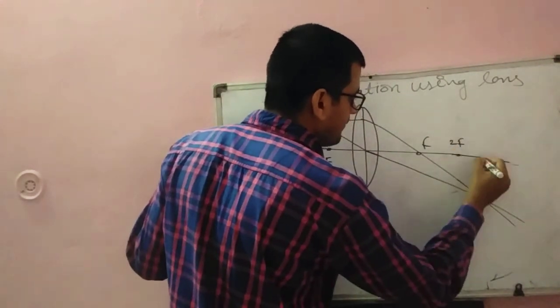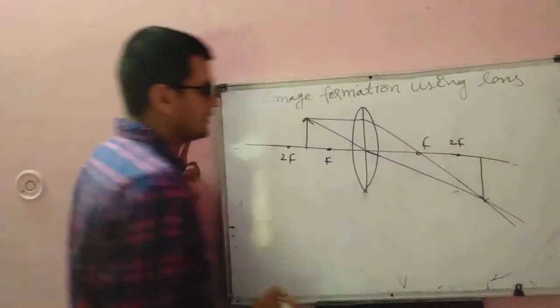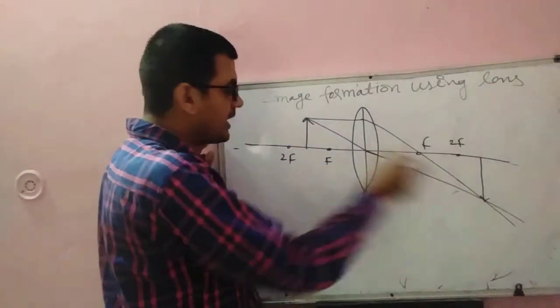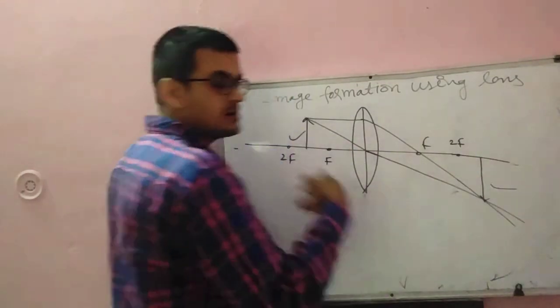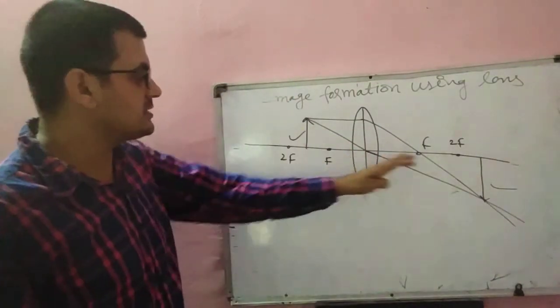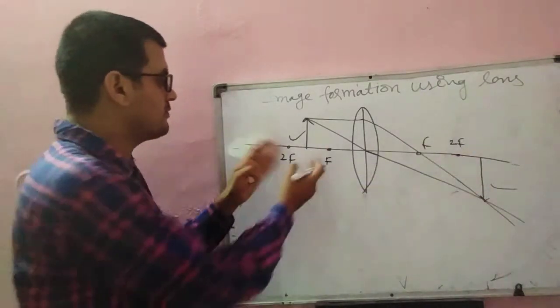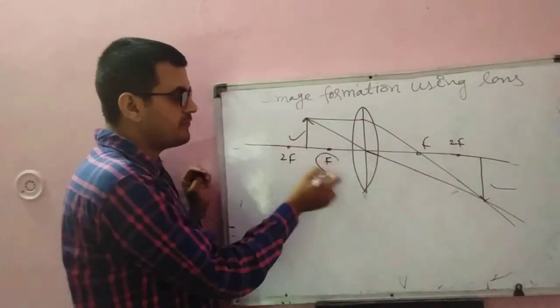It is twice of f. Okay, so what will it be? Real, inverted, and you can see this one is magnified.